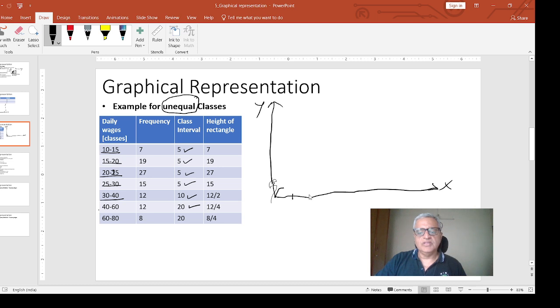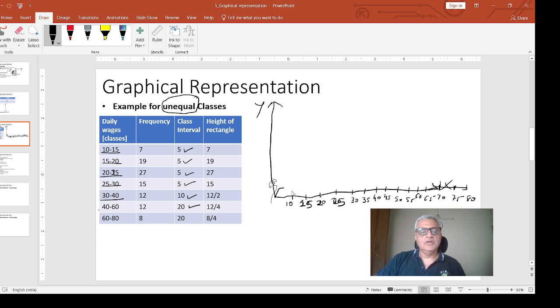On the x-axis I take 10 to 15, 15 to 20, 20 to 25, 25 to 30, then 30 to 35, 40, 45, 50, 55, 60, 65, 70, 75, and 80.